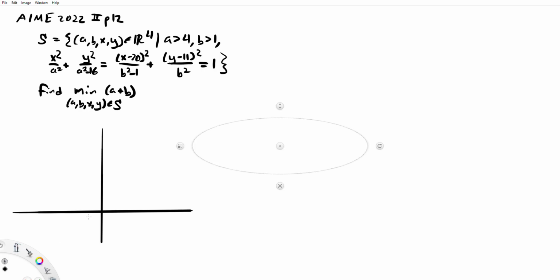So let's draw that in. Goes right there. And it's going to be wider than it is tall, since a squared is larger than a squared minus 16.